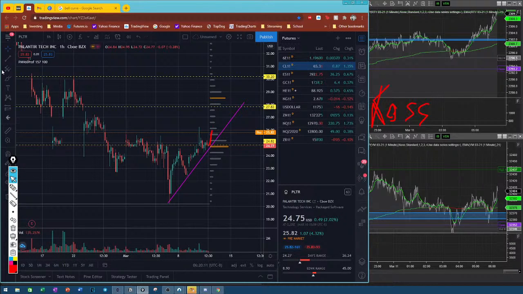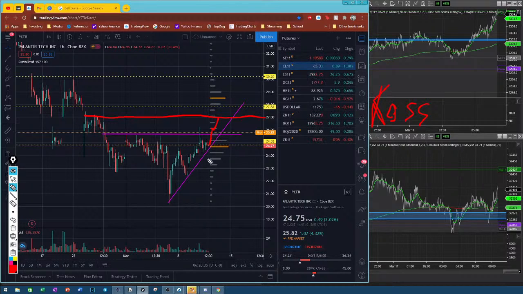We have just taken out this key resistance right here at 25.75 or so. So I would be looking for continuation higher with targets around this level at 27 and potentially after that 27.83.